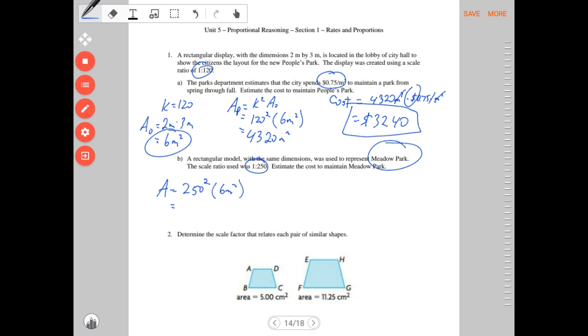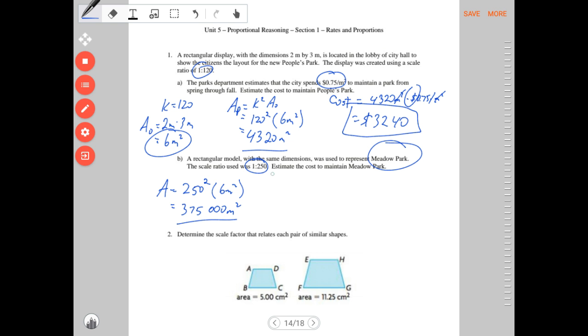So the real area of Meadow Park is 375,000 square meters. Wow, that's huge. This one, that is absolutely huge. I'm just going to check my math again because it's always best to do so. Yep, 375,000.